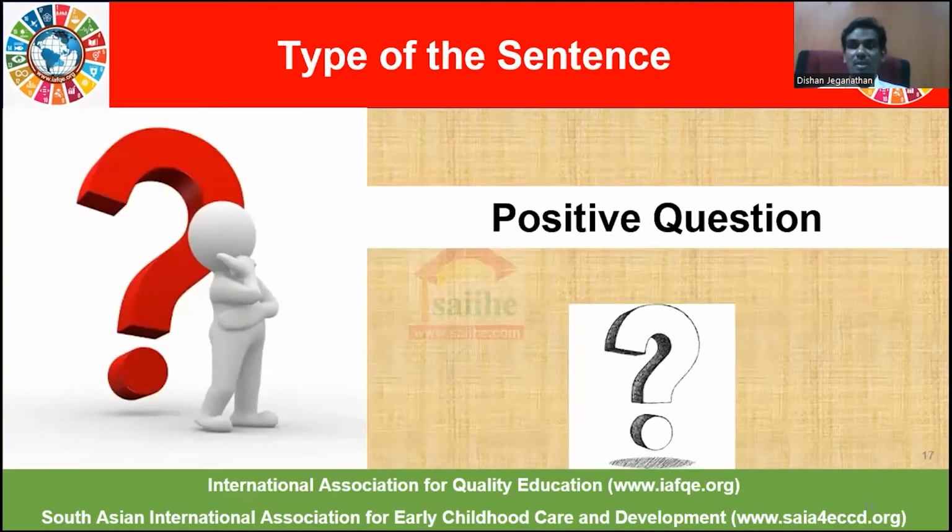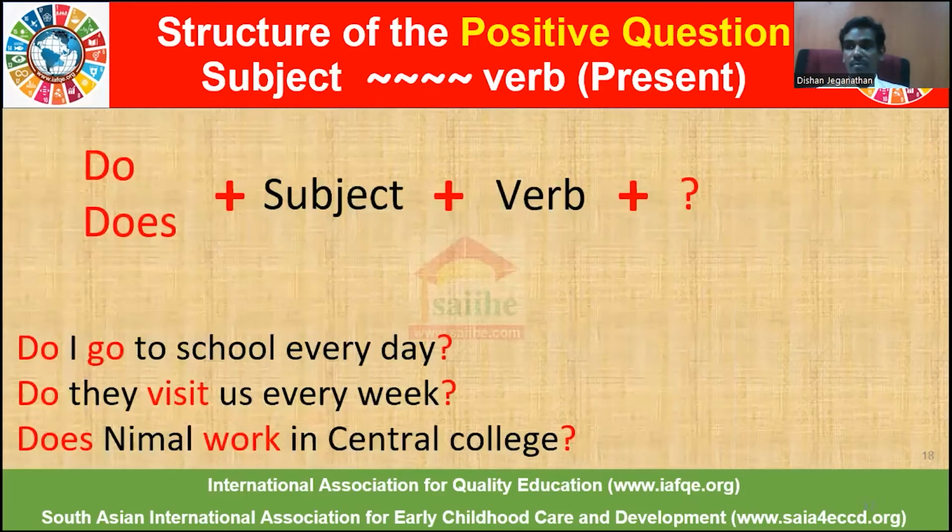The next type we'll be looking into are the question forms. First, we'll look at positive questions. The structure is given as do or does, followed by the subject, verb.